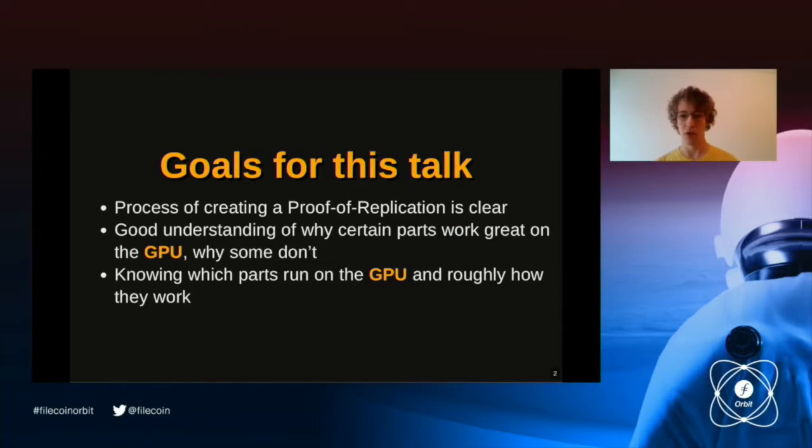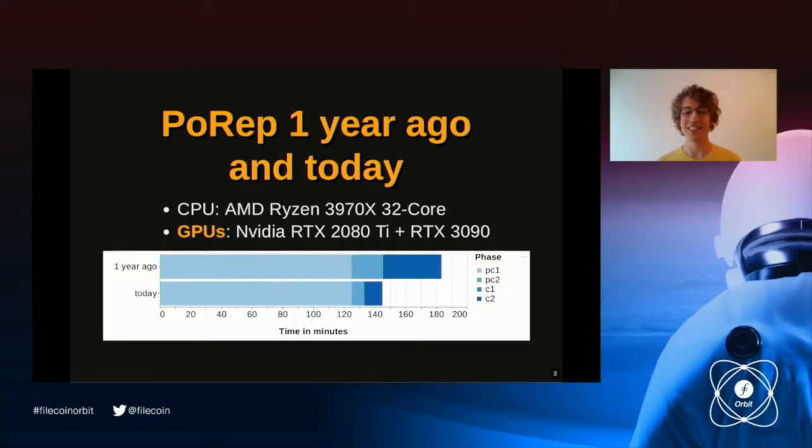But before I get into the details, as this is an event celebrating Filecoin for 1 year, I also like to show you the progress. So I've run the proof of replication on some hardware, the same hardware with a version from a year ago and the version that we have today.